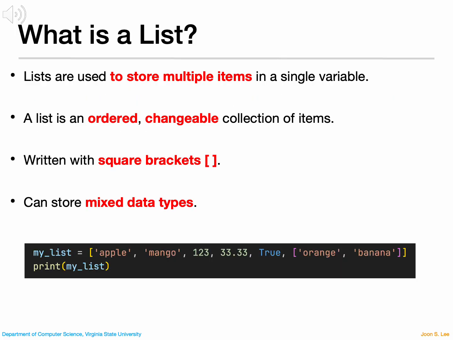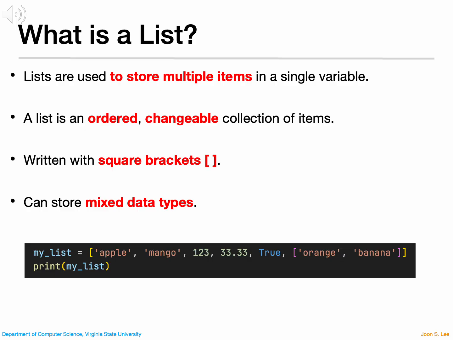Let's take a closer look at what makes a Python list so useful. A list allows us to store multiple items in a single variable. So instead of creating separate variables like item 1, item 2, item 3, we can put all of them together inside one container. Lists are ordered, meaning the order in which you add items is preserved.